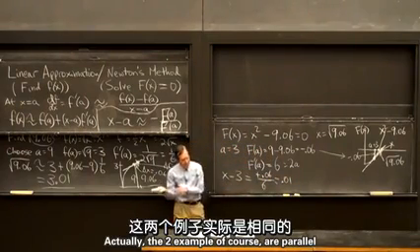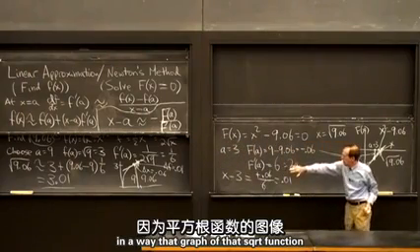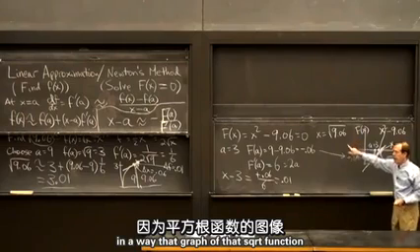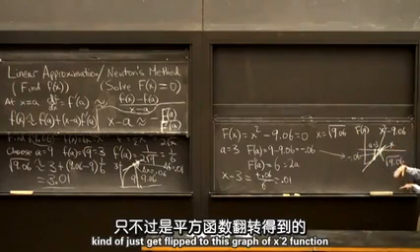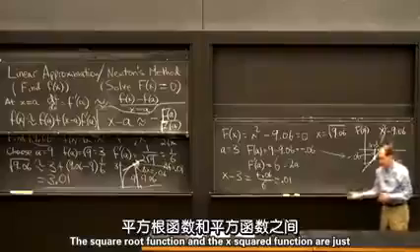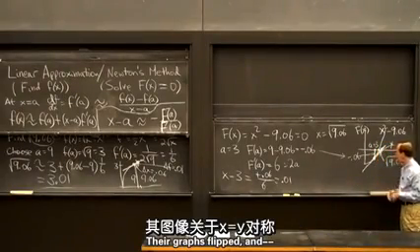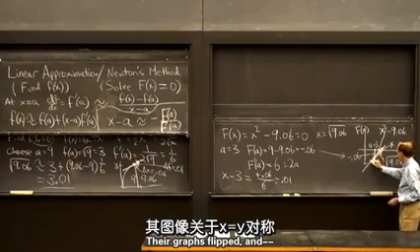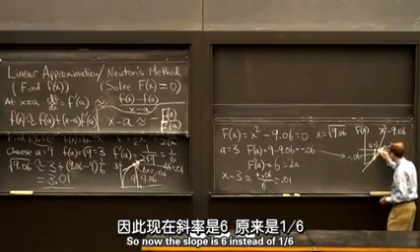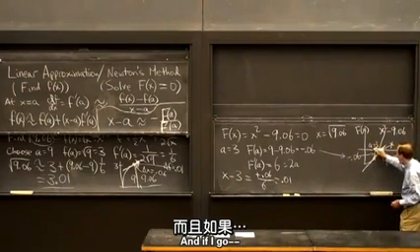Actually, the two examples, of course, are parallel. In a way, the graph of that square root function just got flipped to this graph of the x squared function. The square root function and the x squared function are inverses of each other. Their graphs flip, and so now the slope is 6 instead of 1/6.